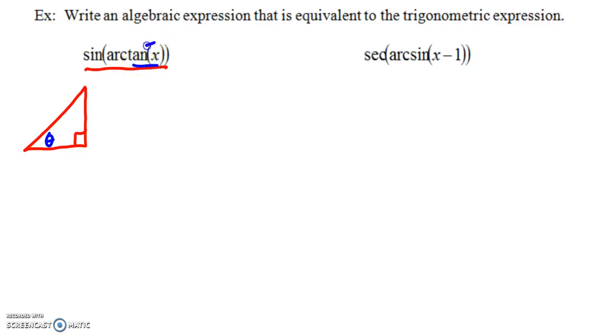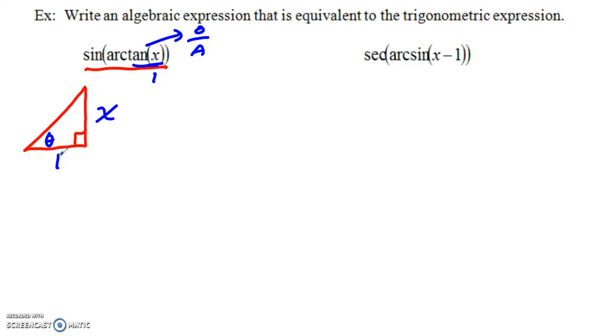Arctangent, remember, means an angle that you're finding with the tangent function. So you're thinking opposite over adjacent. This is really x over 1. So if I had to draw a triangle to represent this situation, the angle could be found by doing opposite x over adjacent 1.